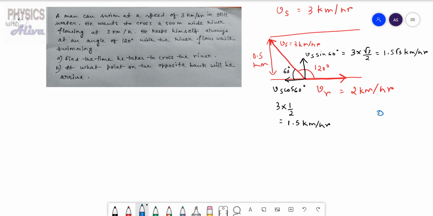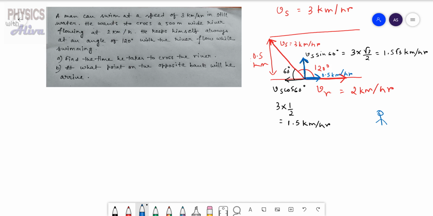Suppose you are standing outside the river and you are seeing the entire scenario, then what is the net amount of horizontal velocity? 2 kilometer right hand side and 1.5 kilometer left hand side. So the resultant velocity in the horizontal direction is 0.5 kilometer per hour, and the net vertical velocity is this. No other vertical component is present.